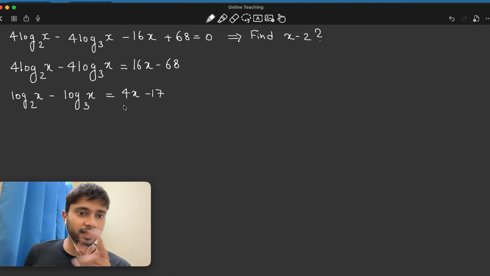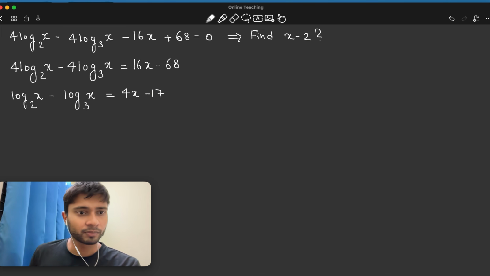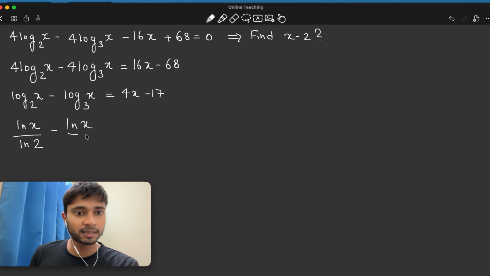Also, as we can see, there are two logarithmic terms, one having base 2 and one having base 3. So we should convert them into some common base. I'm changing it to the natural logarithm, that is base e. Log x base 2 is nothing but ln x by ln 2, and log x base 3 is ln x by ln 3.